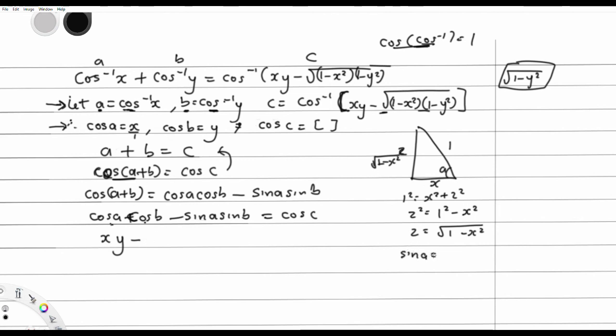Since this is z, the last side, sine a will be opposite over hypotenuse, which is root 1 minus x square over 1. So that means it's still the same as square root of 1 minus x square. So sine a is square root of 1 minus x square. Sine b, if you try it, you also get square root of 1 minus y square.